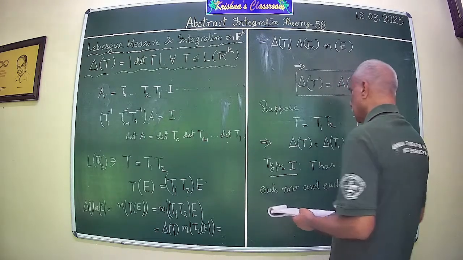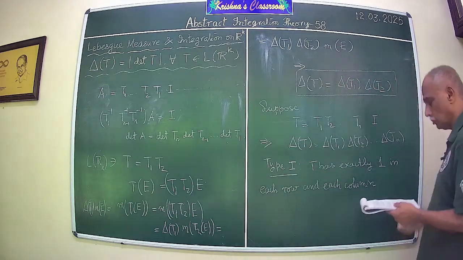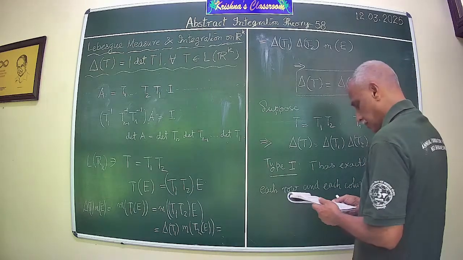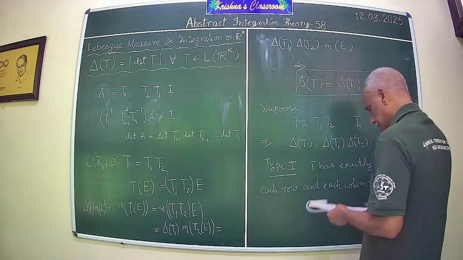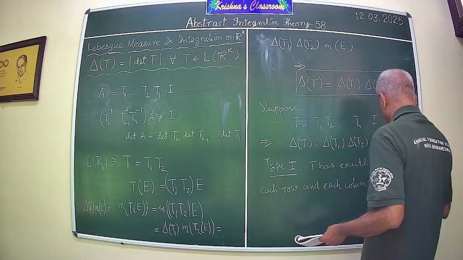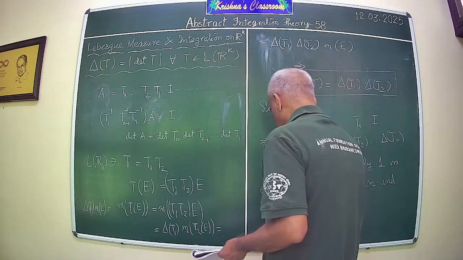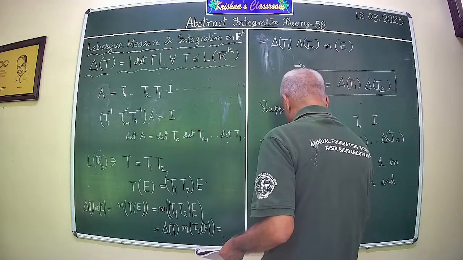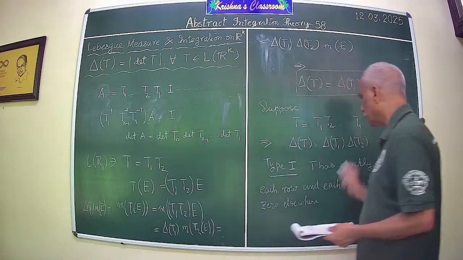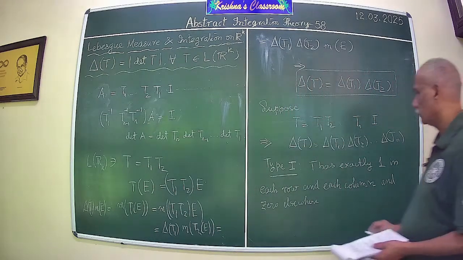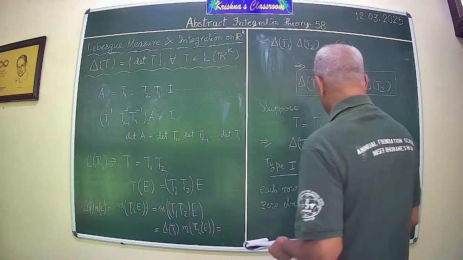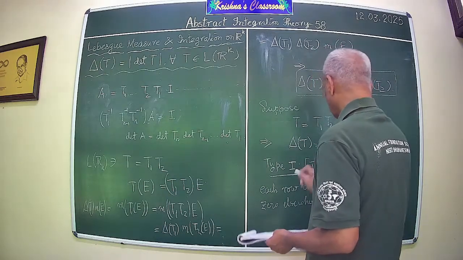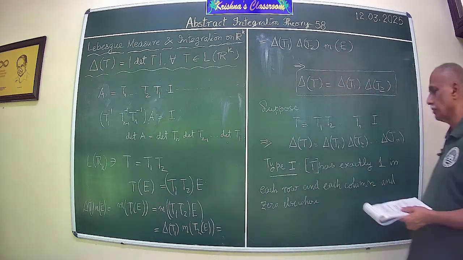This corresponds to the permutation of E1, E2, etc., En. And 0 elsewhere. We are talking about the matrix of permutation. Okay, that is the matrix.